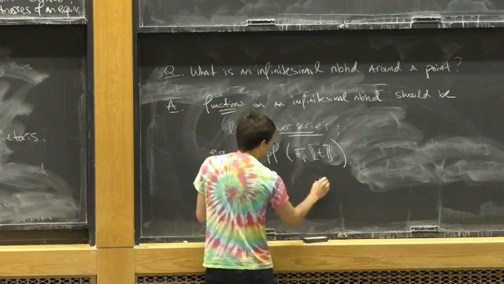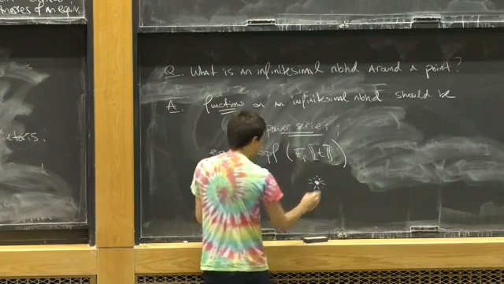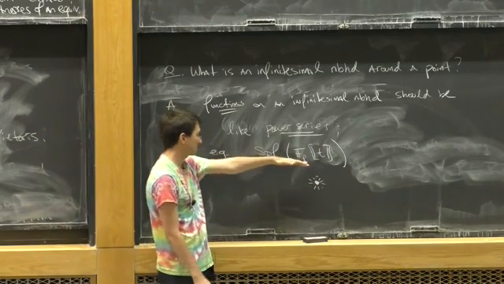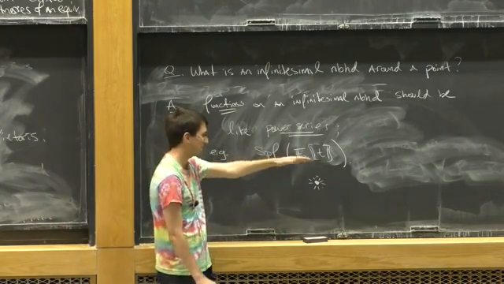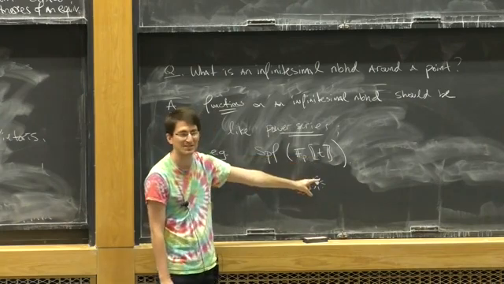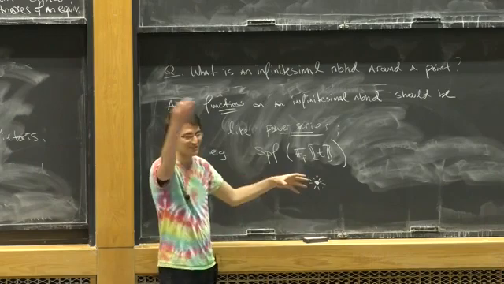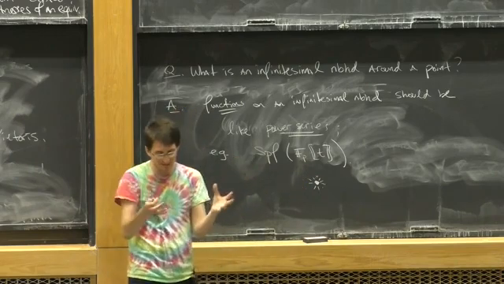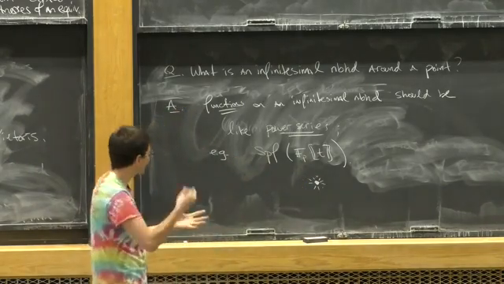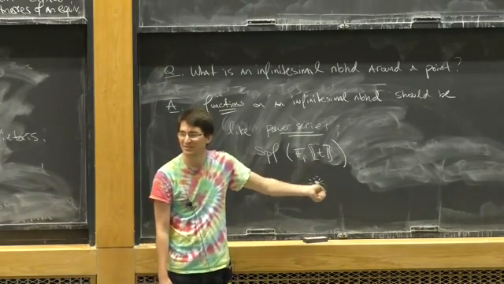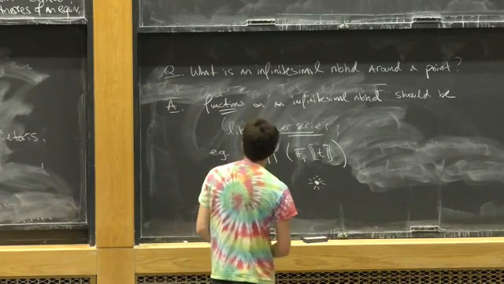It's a point with some fuzz, in the sense that the actual points in Spf are just open prime ideals. There's only one of them. So this thing has just one point as a topological space, but it's a space equipped with some sheaf of functions, and functions are power series, and they want to converge in some small enough neighborhood. So this is how you're supposed to picture this.